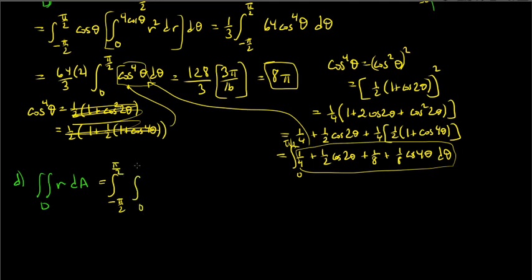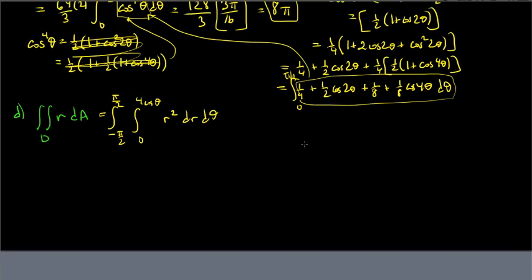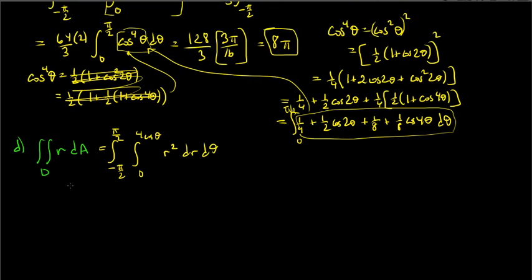And then the integral from 0 to 4 cosine theta of r dr, so r squared dr d theta. So when you integrate r squared, you just get 1/3 r cubed. And so when you cube 4 cosine theta, you get 64 cosine cubed theta d theta minus 0, right?